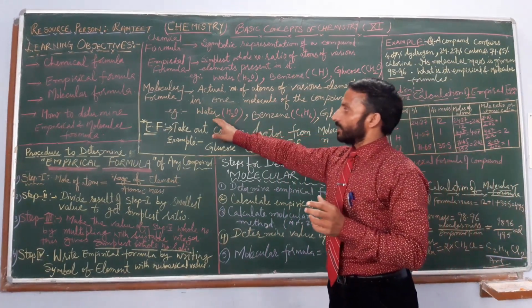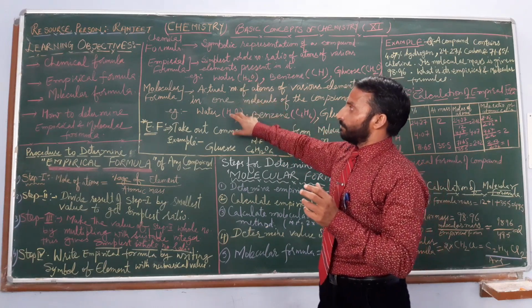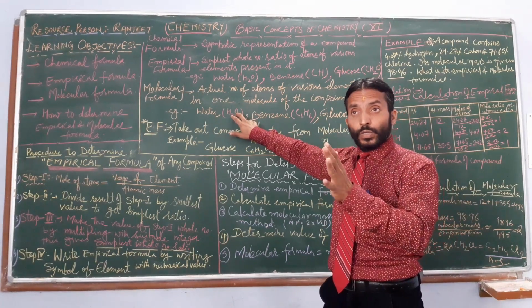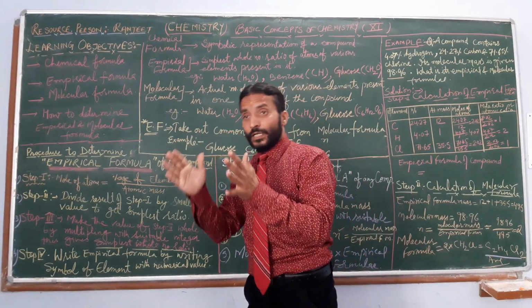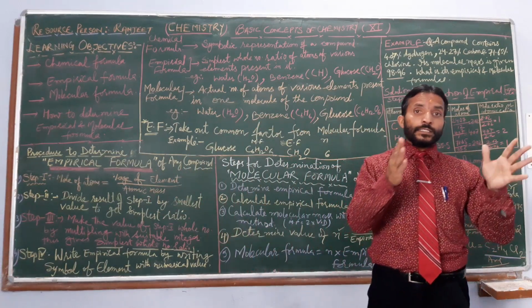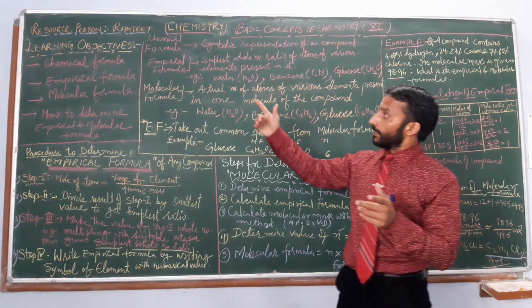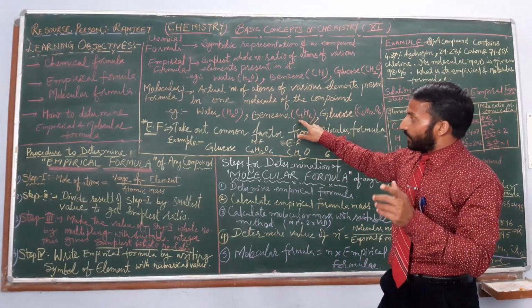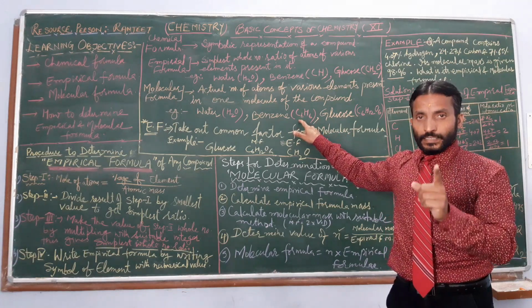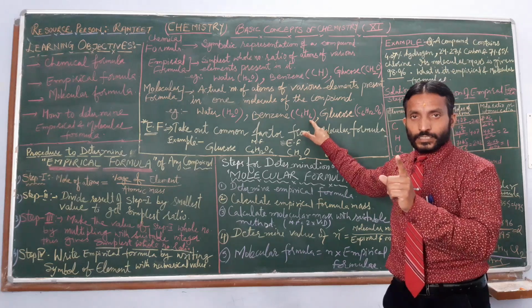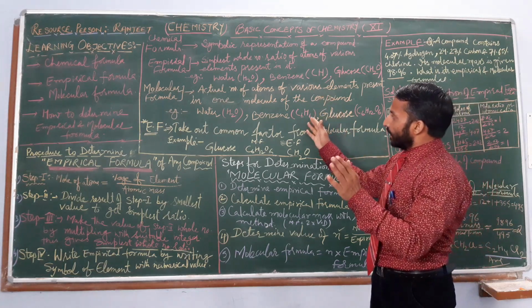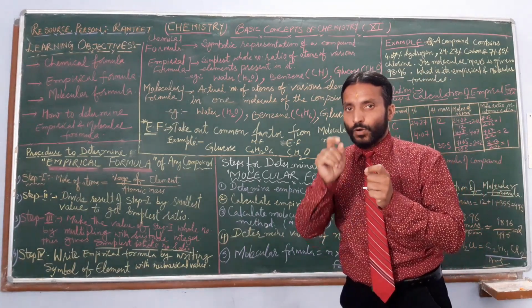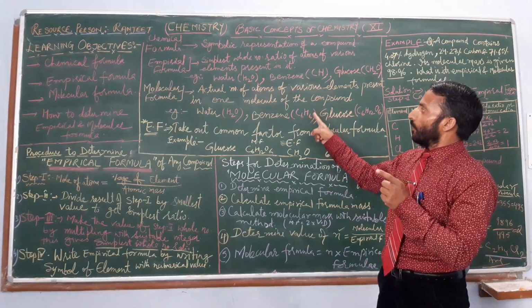For example, water is H2O. It means that for some compounds, not all, the empirical formula as well as molecular formula are the same. In case of benzene, we discussed benzene has molecular formula C6H6. So here it is very clear that benzene has 6 atoms of carbon and 6 atoms of hydrogen.